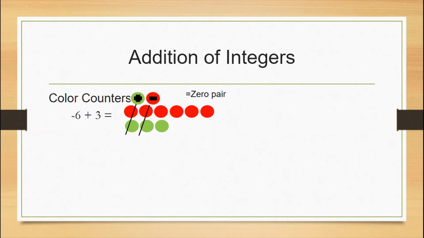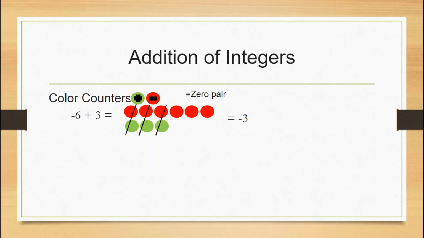This one is a zero pair also, so cancel. And the last one is a zero pair. Since we already canceled the zero pairs, we're going to count the remaining counters that we have. We have 1, 2, 3 negative counters. So our answer is negative 3.